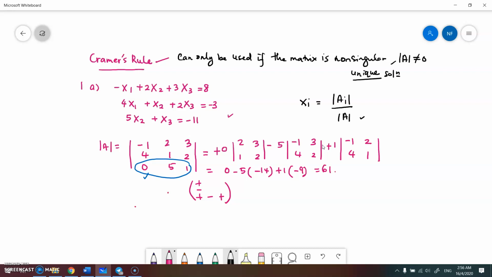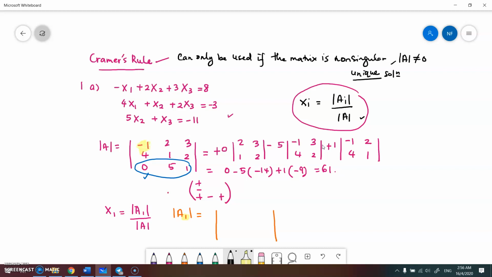Okay, using this formula, I want to find x1. So to find x1, I have to find the determinant of A1 divided by the determinant of A. So how do I find the determinant of A1?